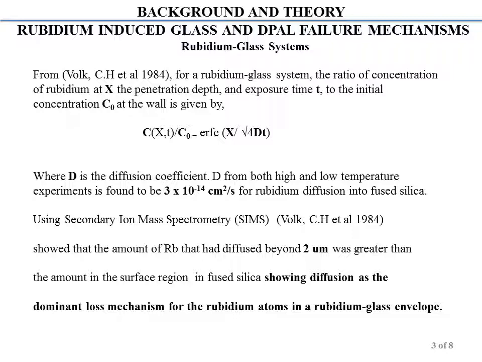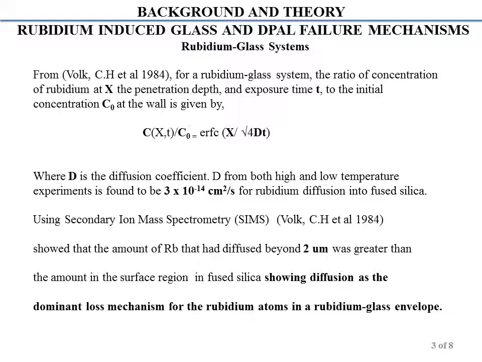And so from experiment, for both high and low temperature, the diffusion constant through silica for rubidium is typically on the order of 3 times 10 to the minus 14 centimeter squared per second.